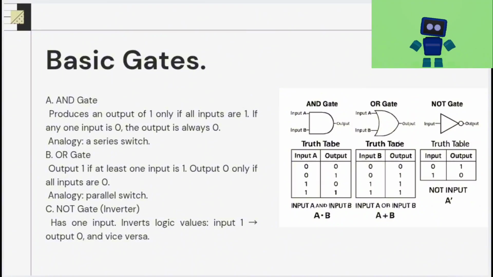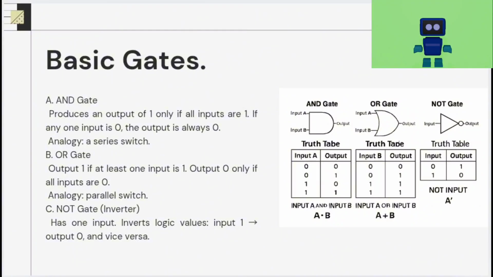Thus, the OR gate represents a logic condition where only one input needs to be true for the output to be true. Function. The OR gate will produce a logic 1 output if at least one input is logic 1. Output. The output will only be logic 0 if all inputs are logic 0. Analogy. Similar to switches in parallel, current flows if at least one switch is closed.